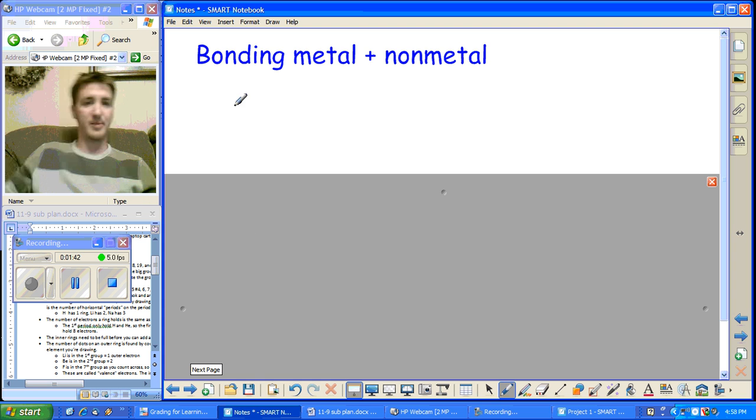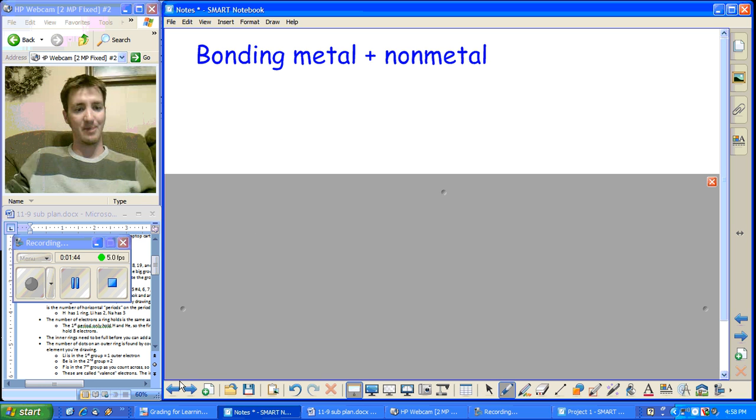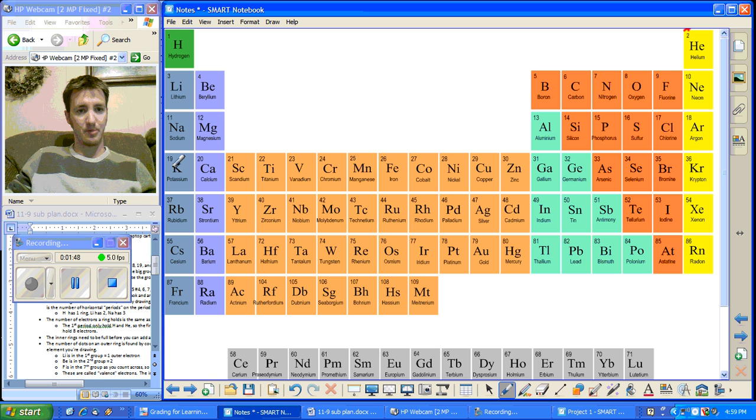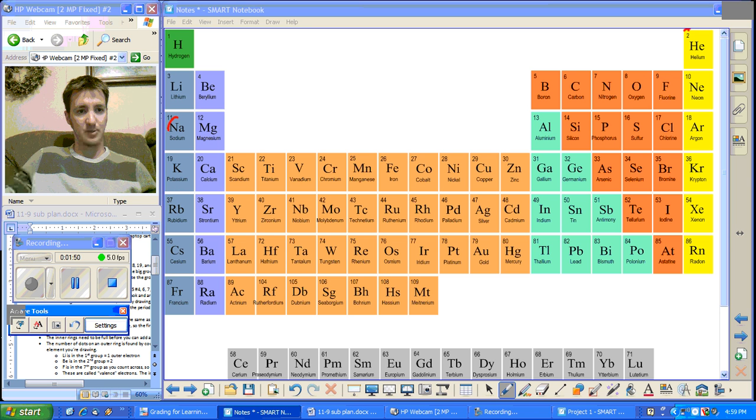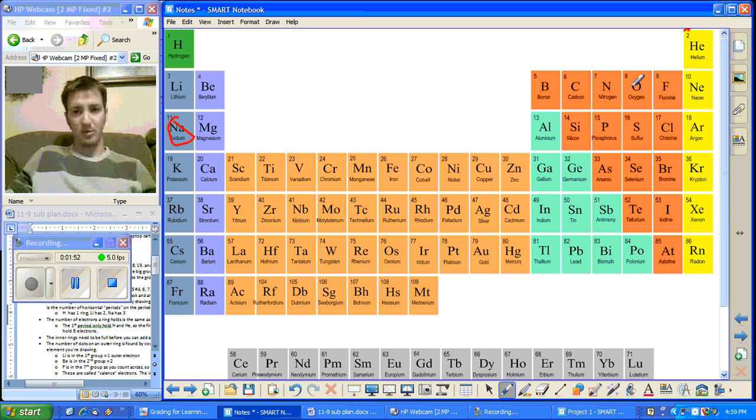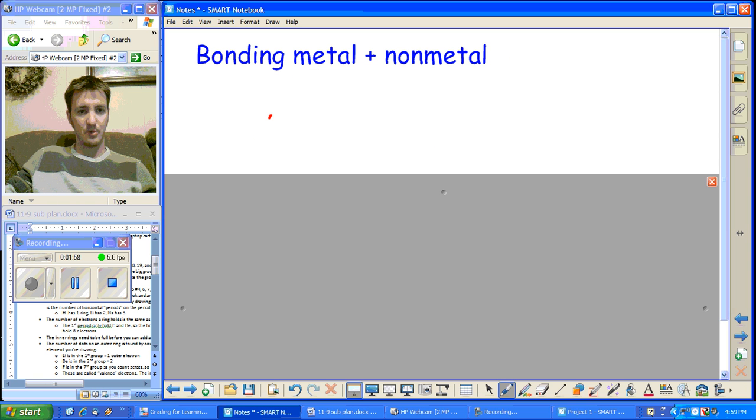So, examples. Let's say you're bonding a metal and a non-metal. For a metal, it's something on the left side. So, let's look at sodium. And the non-metal, let's say that's oxygen. So, for sodium, it has 1 valence electron. For oxygen, it has 6.